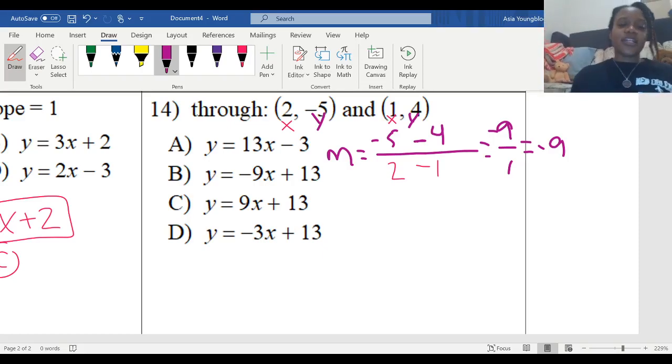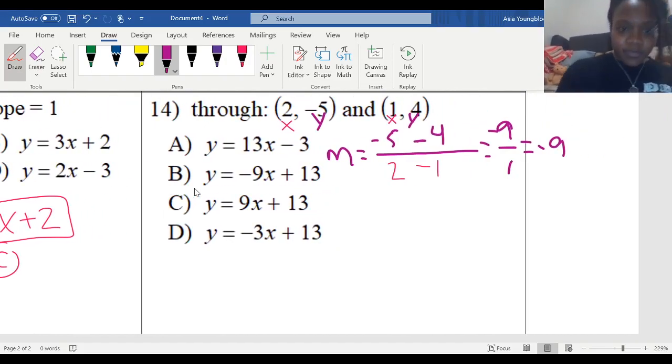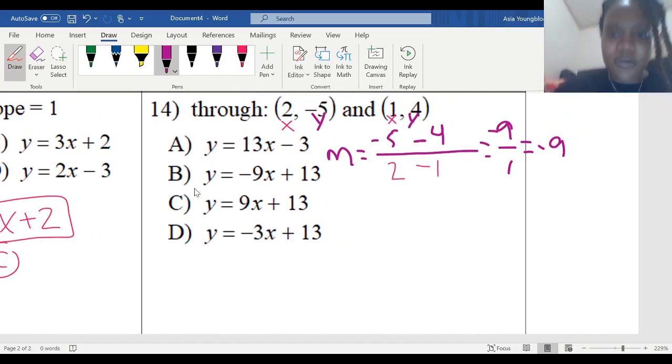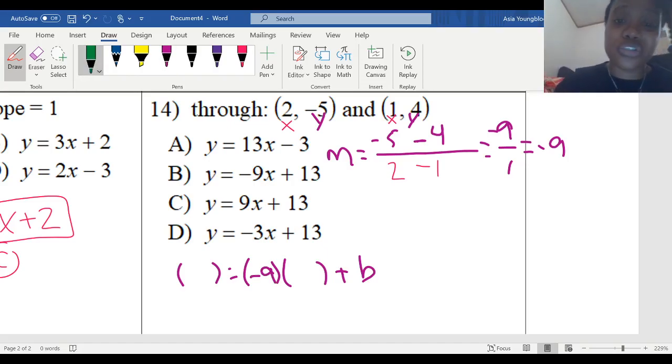So we have our slope, and now we're going to use the same method we used in problem 13 to find the y-intercept. So setting up our slope-intercept form, we have y equals mx plus b, which we do not know. We just found our slope, which was negative 9. And for our x and y, we can choose either point.